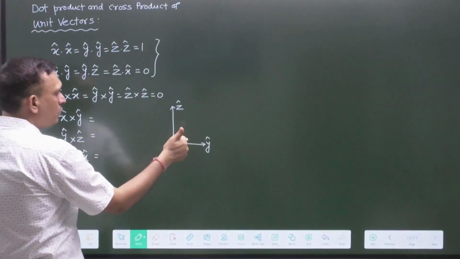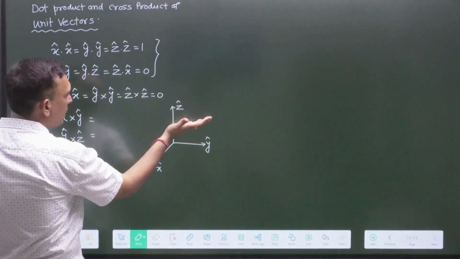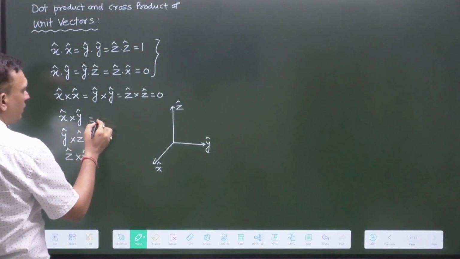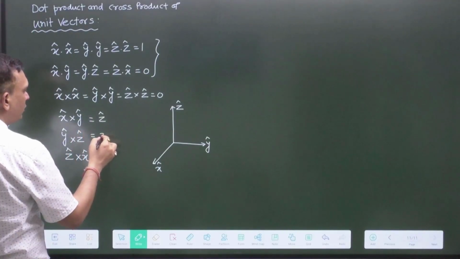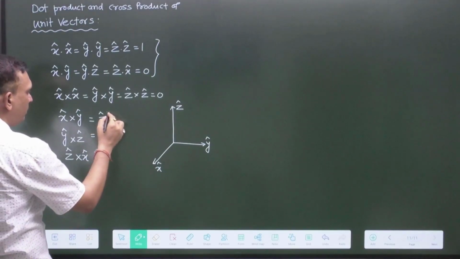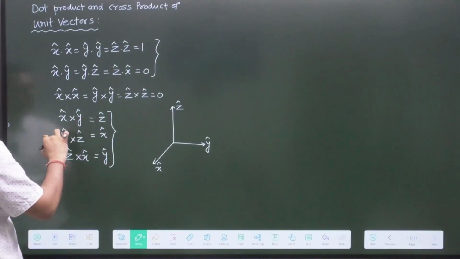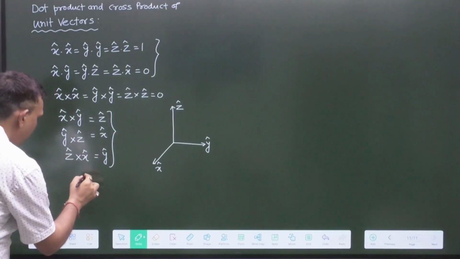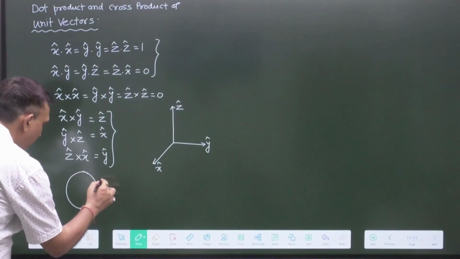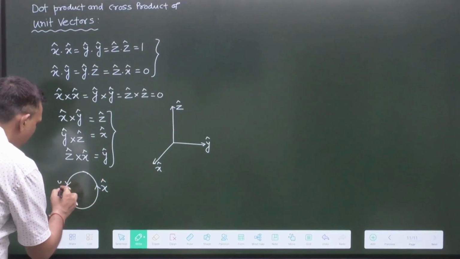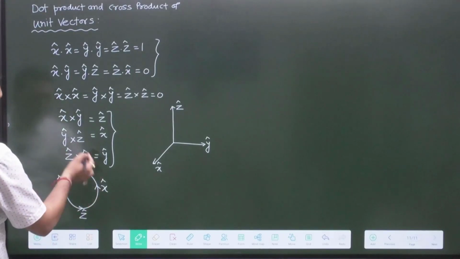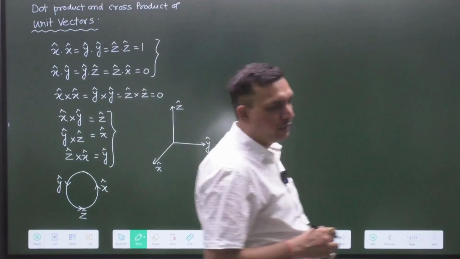So x cap cross y cap is z cap, y cap cross z cap is x cap, and z cap cross x cap is y cap. If you take y cap cross x cap, you will get a minus sign. So you can remember this: if you move in anti-clockwise direction, this is right hand rule, you will get positive sign. But if you move in the opposite direction, you have to take negative sign.